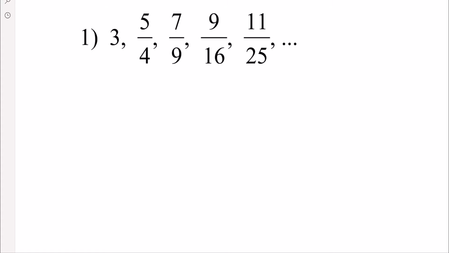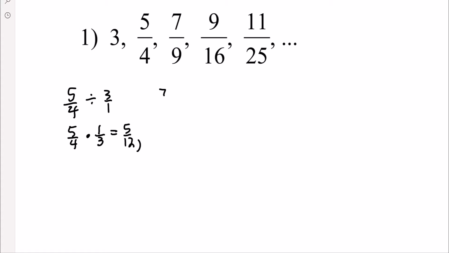So let's check to see if it's geometric. So we would do repeated division. 5/4 divide 3. So I'm going to write it like this. I'm going to multiply by the reciprocal, and I'm going to get 5/12.